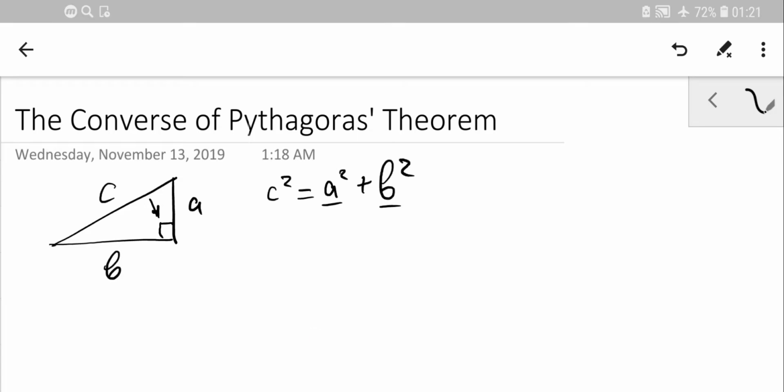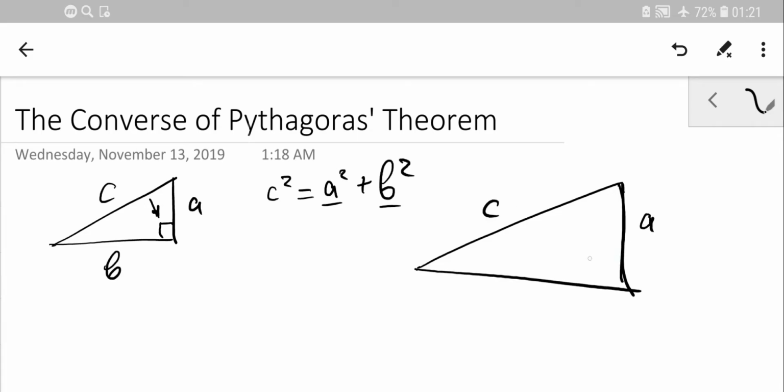So what about the converse? The converse statement is the following. You have a triangle and the statement that c squared is actually a squared plus b squared.